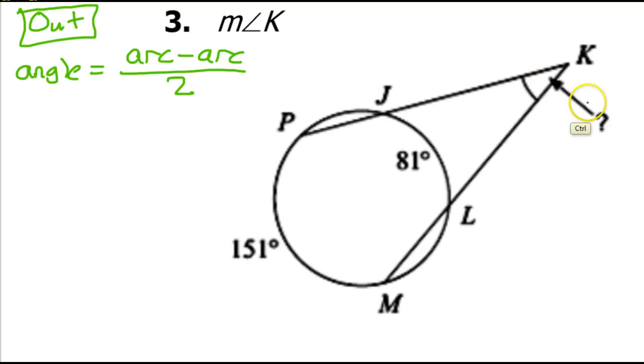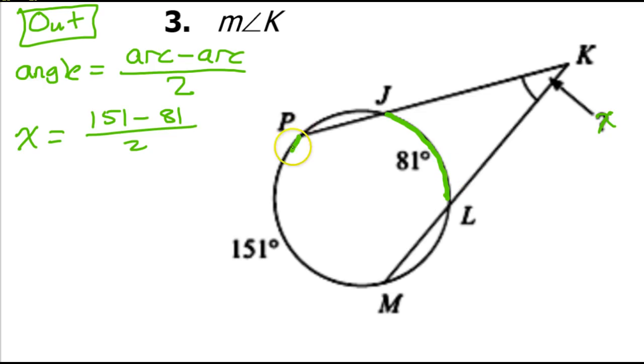So the angle, in this case, is what we are looking for. So I'm going to go ahead and call that x for us. So that means I'm going to have x is equal to arc minus arc. So 151 minus 81, right? Divided by 2. Because those are the arcs that we are talking about, all right? Here's one arc is the 81, and the other arc is this 151.